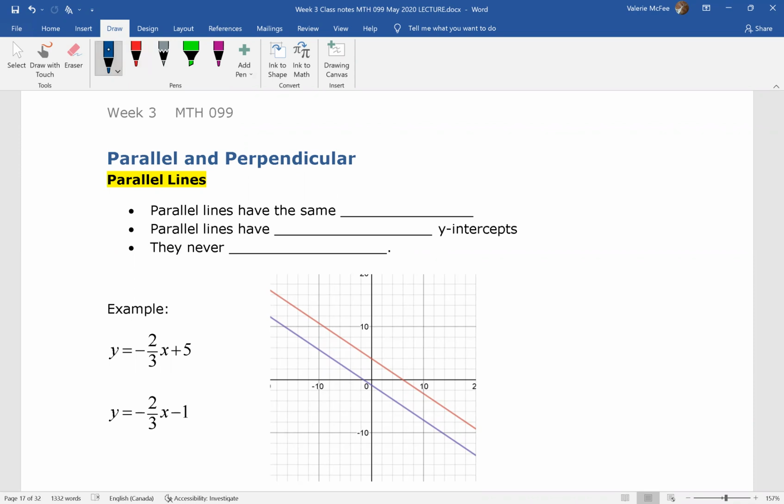The important thing to remember about parallel lines is that they have the same slope. Now they do have different y-intercepts.